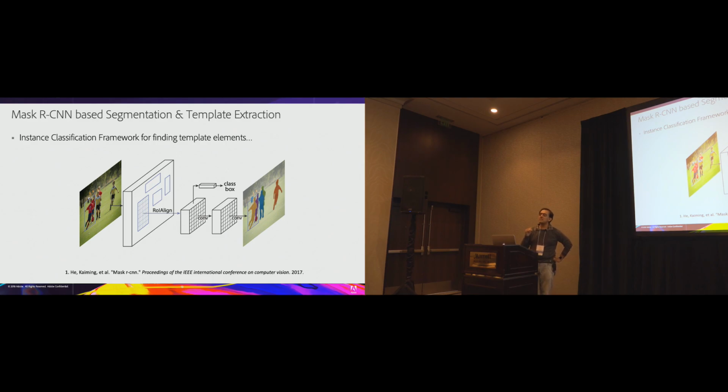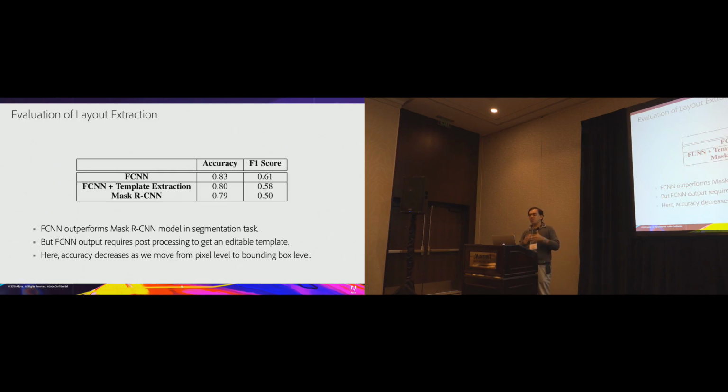Now in order to test this part, we started with the ground truth banners and tried to extract the underlying template. In these cases, we did have information on what the underlying designs were, and we tried to recreate those templates with our algorithms.